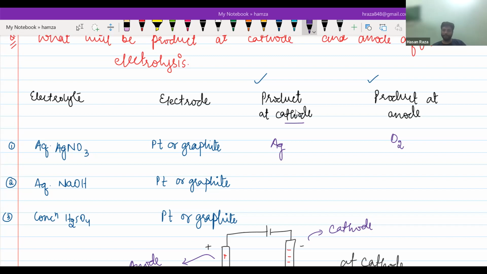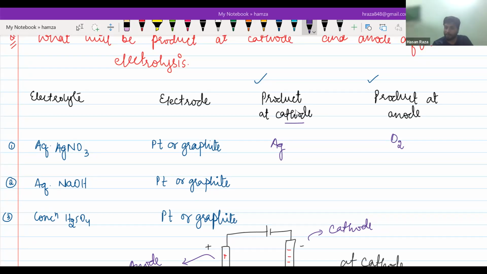There are two options for cation, Na plus and H plus. The E naught R value for sodium, Na, is negative, and the value of E naught R for hydrogen is 0. Which one is greater, Nafisa? Yes, sir, hydrogen.